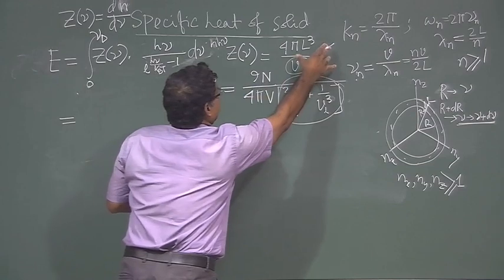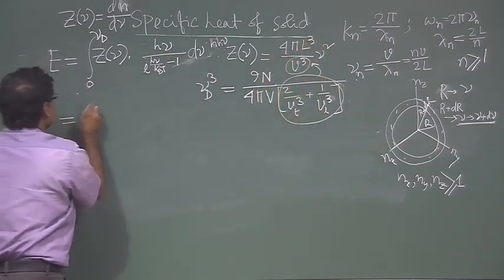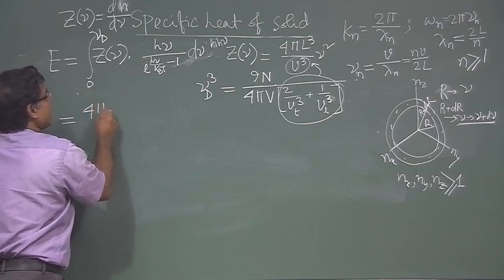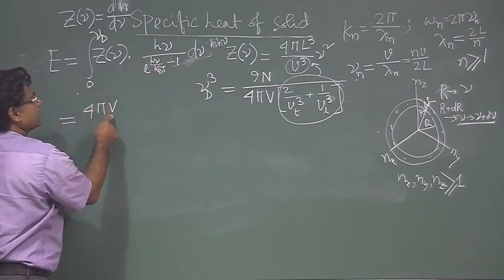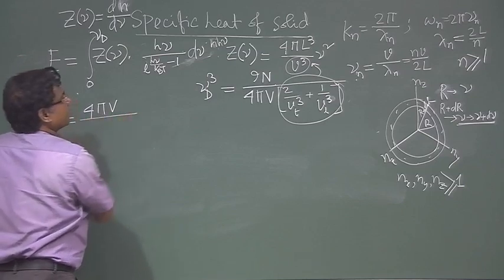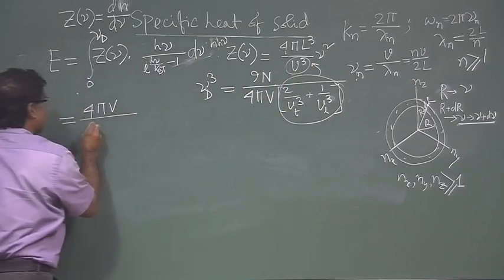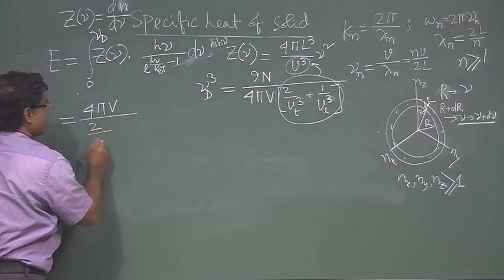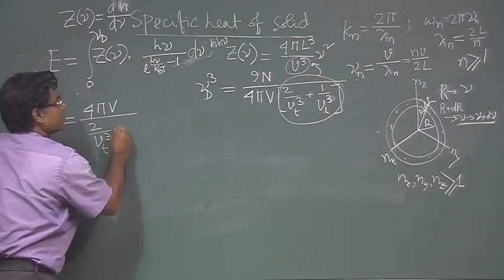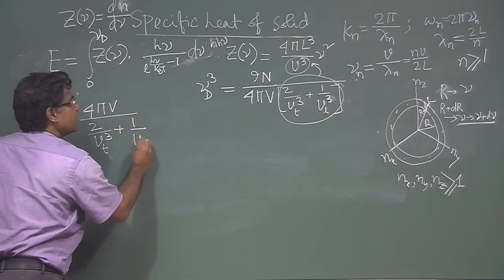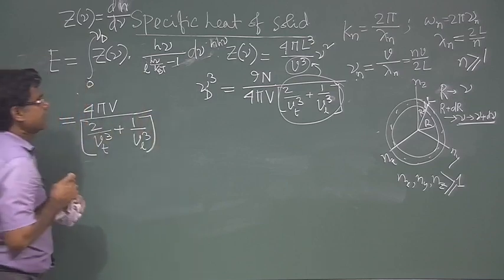So, this 4 pi V, L cube is V, divided by V cube, this is 2 by V transverse cube plus 1 by V L cube. Okay.